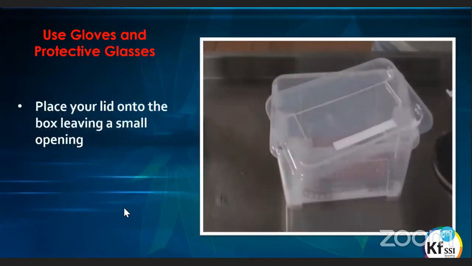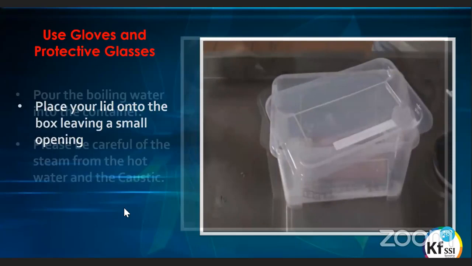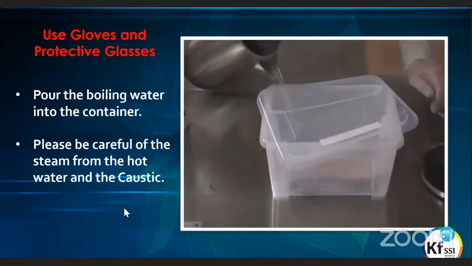Then you need to place your lid onto the box, leaving a small opening, and pour the boiling water into the container. This is where you need to do a bit of preparation. Once you've got your plate in there, you need to know how much water you need to make sure that your plates are fully covered.